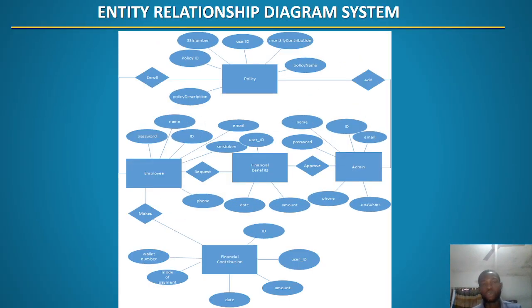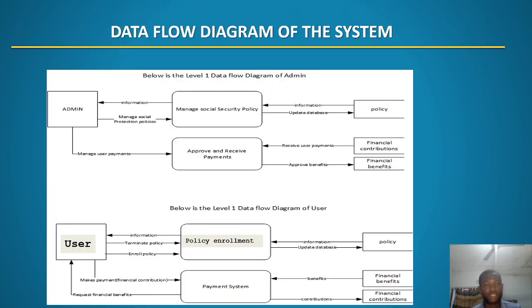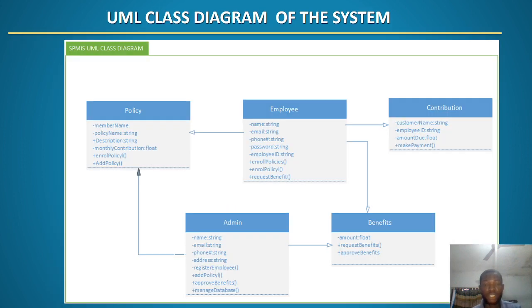I'm not going to talk much about the entity relationship. It's more about the entities and their attributes, and how they function. This is the data flow diagram. We know the data flow are entities and the processes, and then the data stores. And I'm not going to talk much about the class diagram.